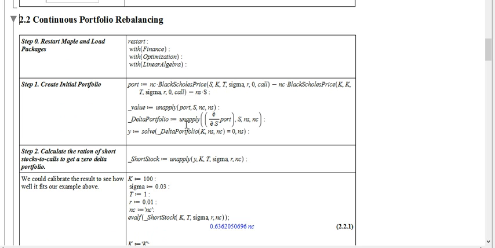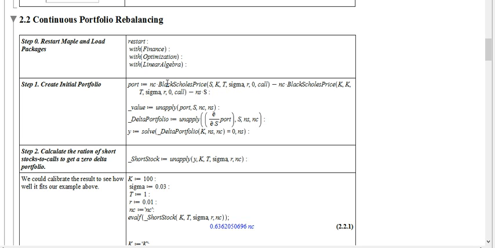Now, let's proceed to define a function. This function will correspond to the value of a portfolio that will have a certain number of long calls and some short stocks. So let's look at how much our portfolio is worth. On the one end, we will have the number of calls, which multiplies the Black-Scholes price of those calls.